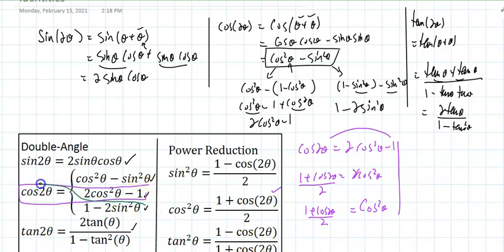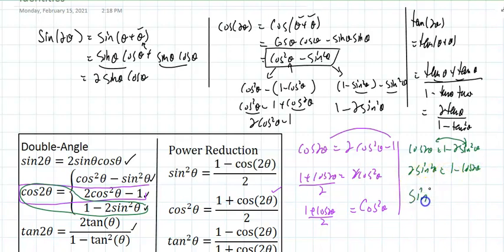And if I take this identity, and I would say the cosine of 2 theta equals 1 minus twice the sine squared of theta. If I swap those, twice the sine squared of theta equals 1 minus the cosine of 2 theta. And if I divide by 2, I get the sine squared to equal 1 minus the cosine of 2 theta divided by 2.